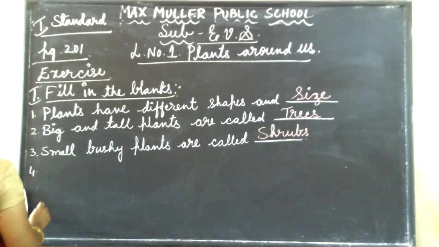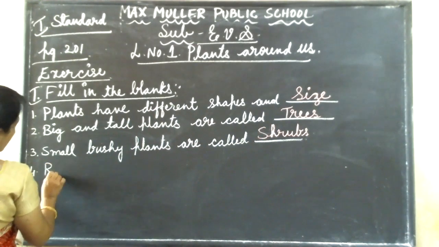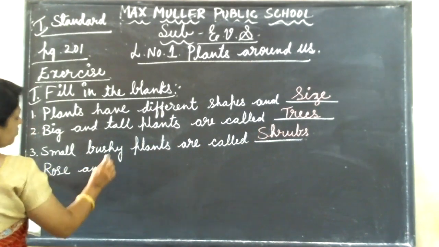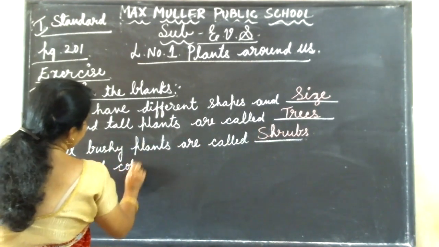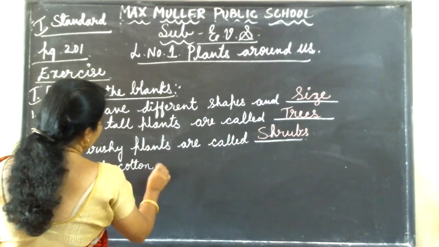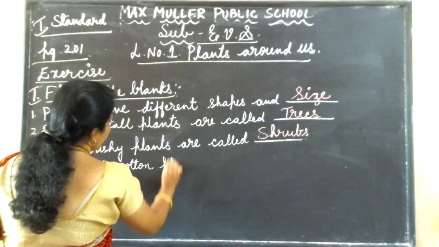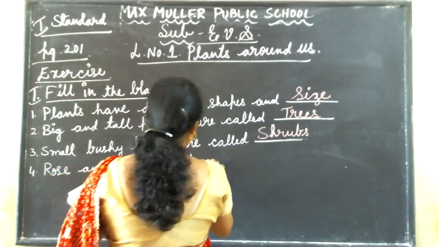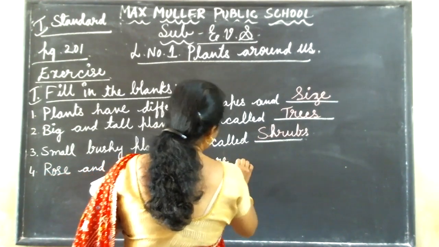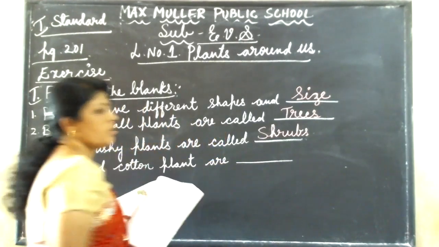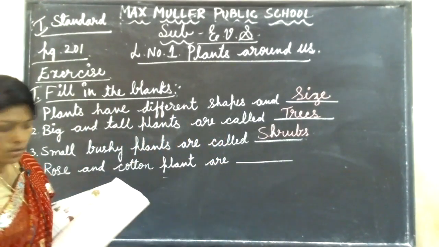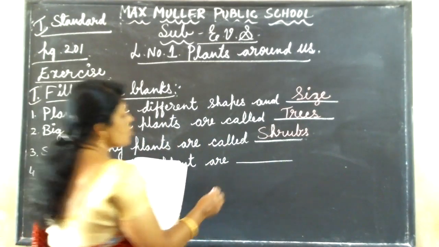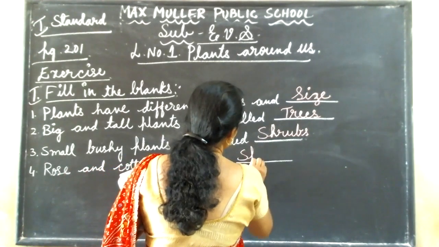Rose and cotton plant are examples of dash. Yes, rose and cotton plants are examples of shrubs, isn't it, children?